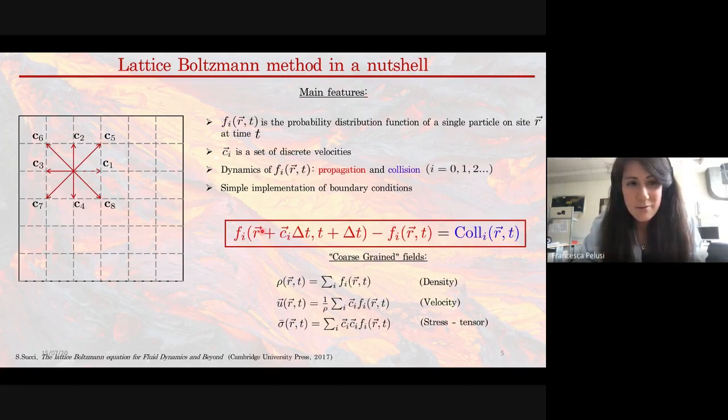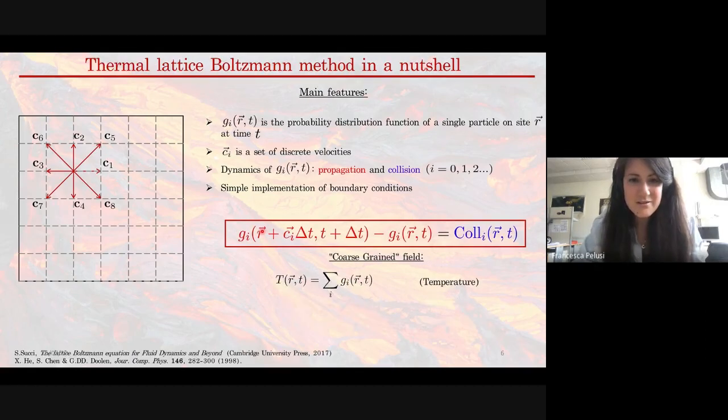And the second key point is that to simulate the convection, I need to introduce also the information on the temperature field. And to do that, I extended the classical lattice Boltzmann method, including the temperature field, adding this probability distribution function G.